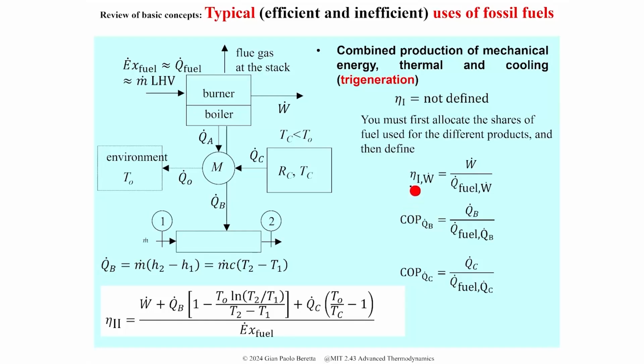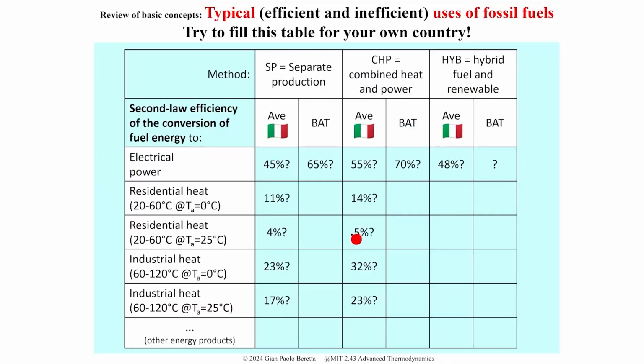But you could define separate efficiencies, provided we have a way to allocate the fuel consumption and assign a fraction of it for each of the products, which is the idea of this allocation that we are now getting to refresh again.